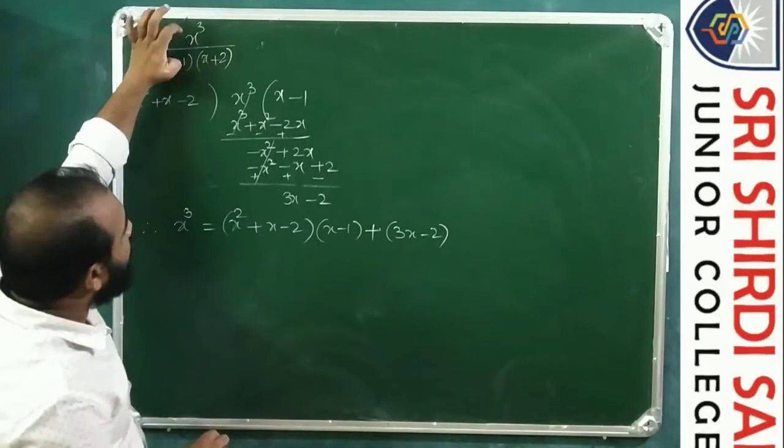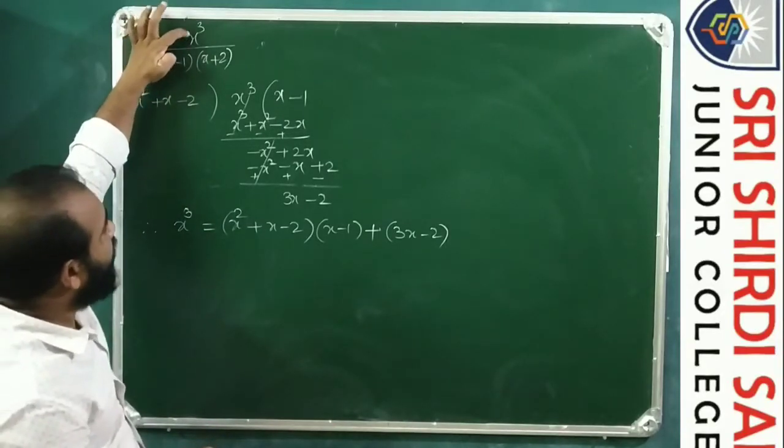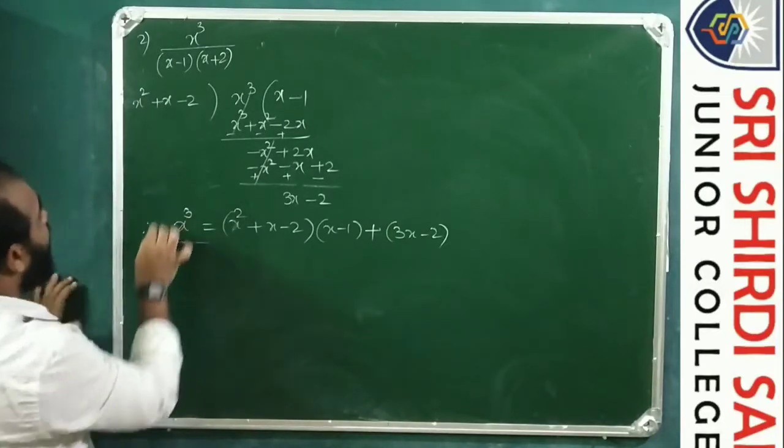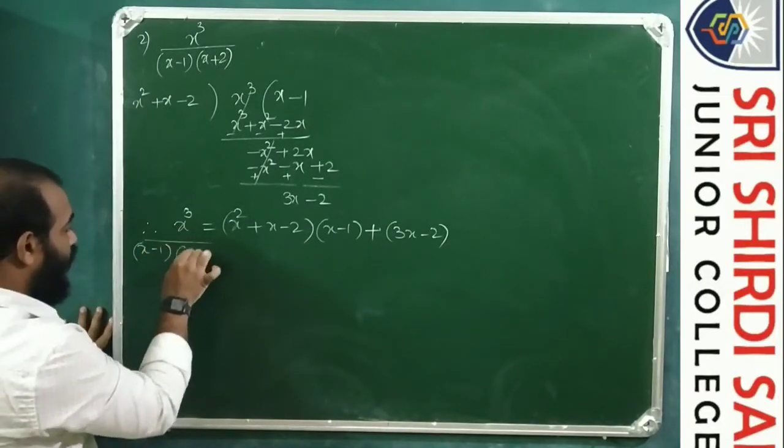Now the given fraction is x cube by x minus 1 into x plus 2. So for that, let us divide by x minus 1 into x plus 2 on both the sides.